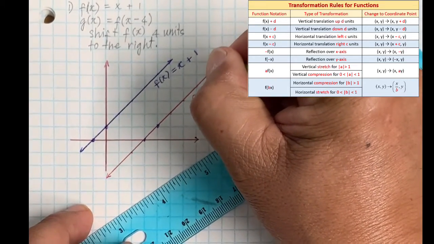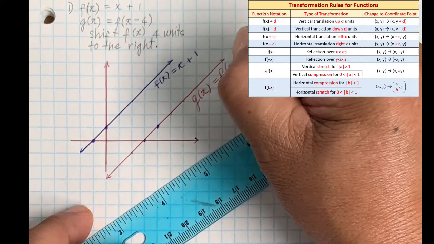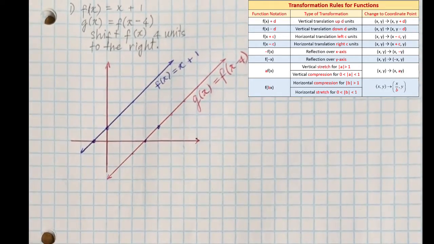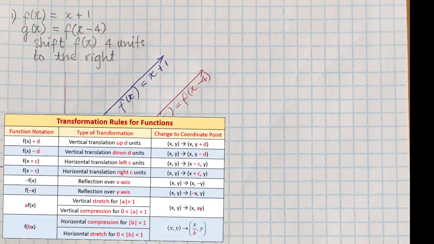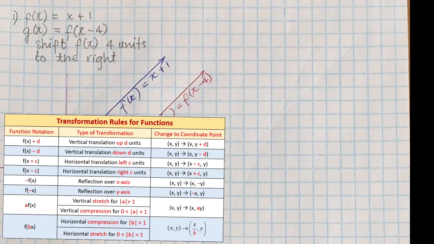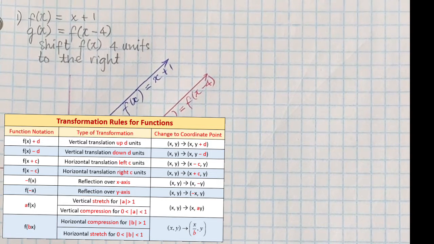So this is g of x equals f of x minus 4. So let's say if you don't remember the transformation rules table or chart, then here's another way you can use to solve this problem.